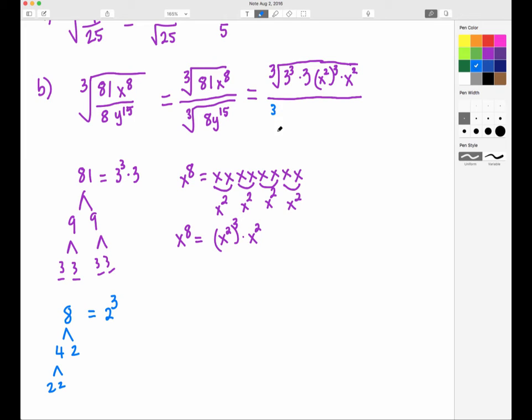I'm going to rewrite this in a different color up here. So 8 is 2 cubed. Now I have the variable y to the 15th power. So I could write out the y 15 times, but I'm going to do this a little bit differently.